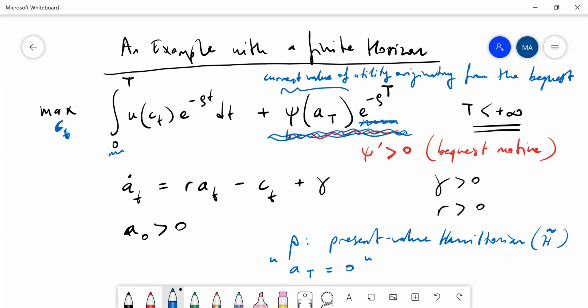So we're going to put a constraint like this. The consumer will tell us, I don't care about my kid. At the end of the day, when I'm leaving this world, I should leave no bequest, no asset stock for the future, because my life is ending. Optimally, I should be consuming all of these assets. I should eat them up. So these are the differences. But first, we're going to look at the version with a bequest motive.